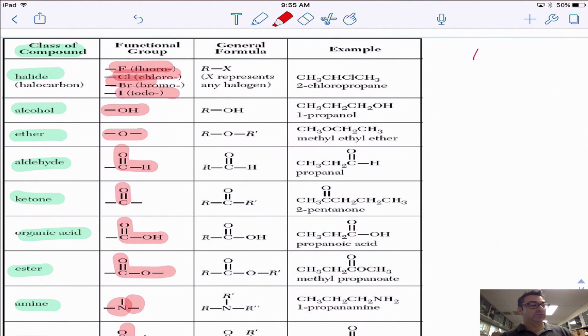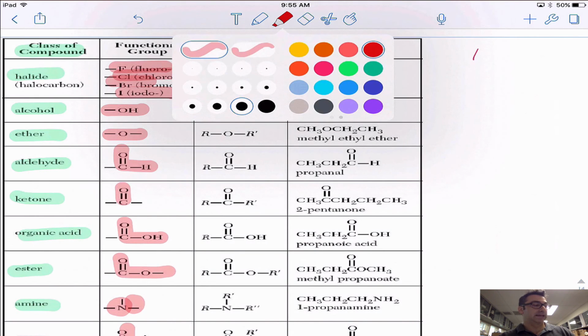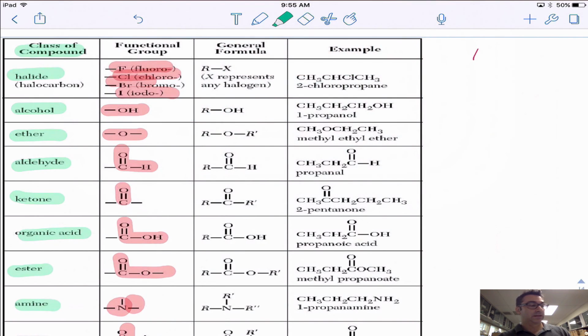Now generally I don't really look that much at the general formula because I have it in the functional group. Just so that you know though, R represents one or more carbons. It could in some cases represent a hydrogen as well, although generally it is a group of carbons. Now, the example that they give you: they give you a named example.